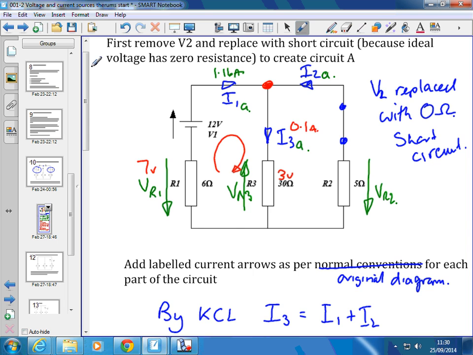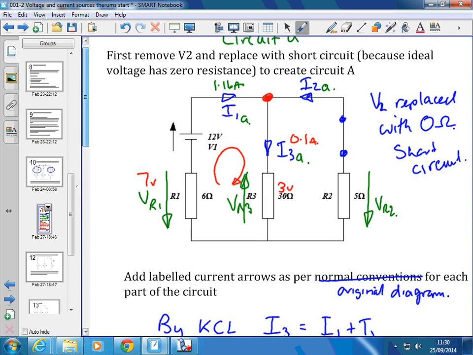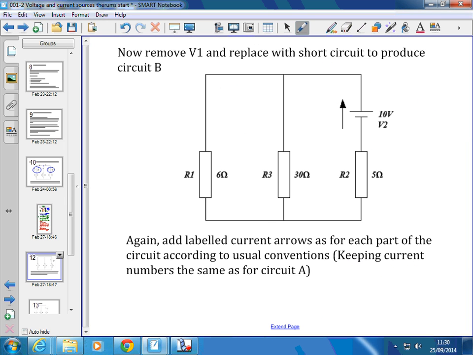So we now know I1A, I2A and I3A. So we've done that version of the circuit. We've done circuit A. What we've got to do now is do the same thing for the other source.